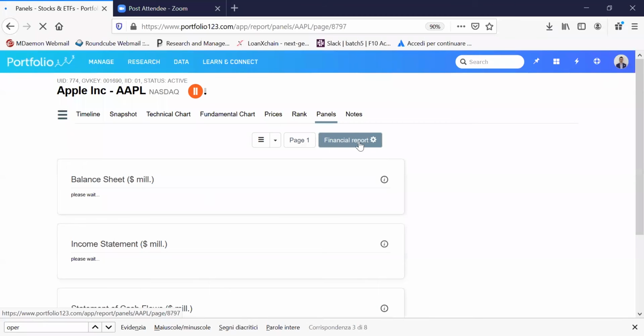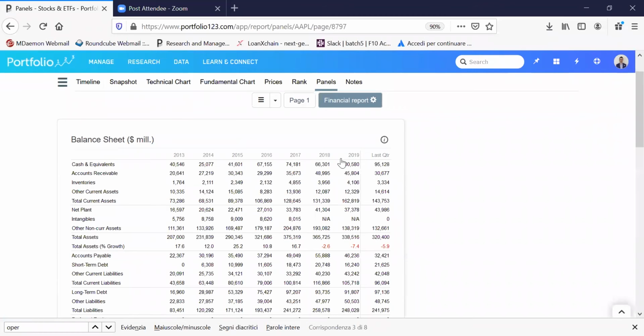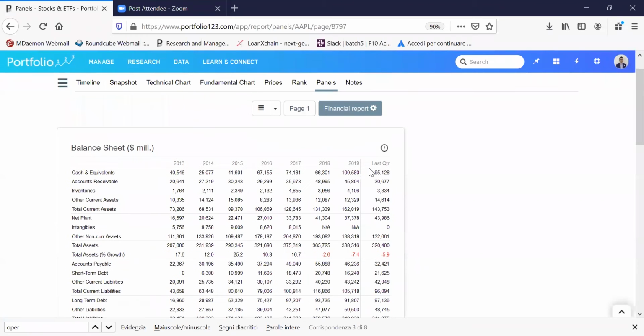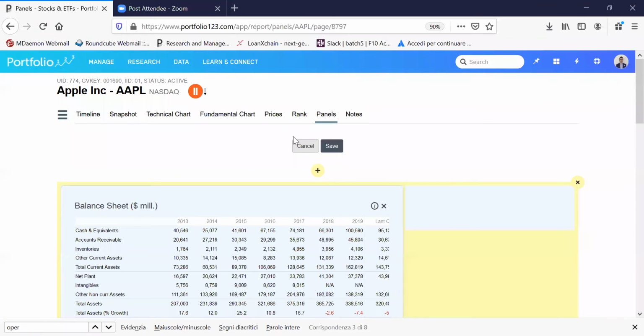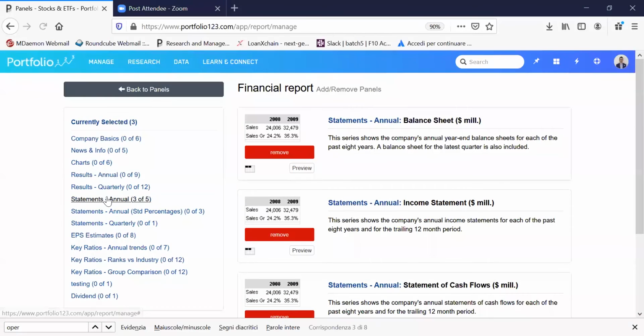You can quite simply do it by adding annual statements to your panel. But you can also have a lot of views that allow you to have a much better visualization of financial data.